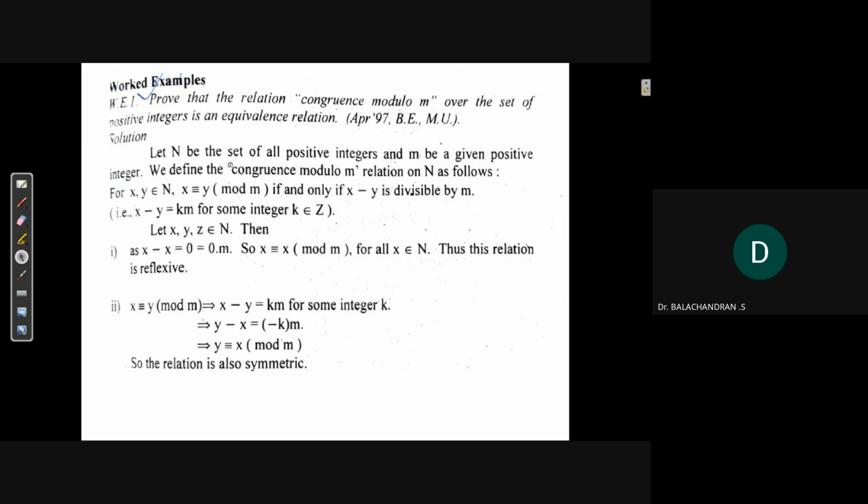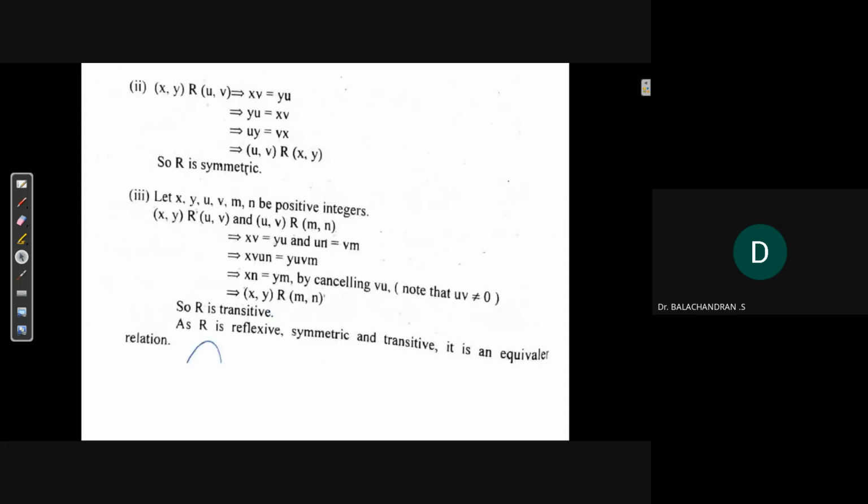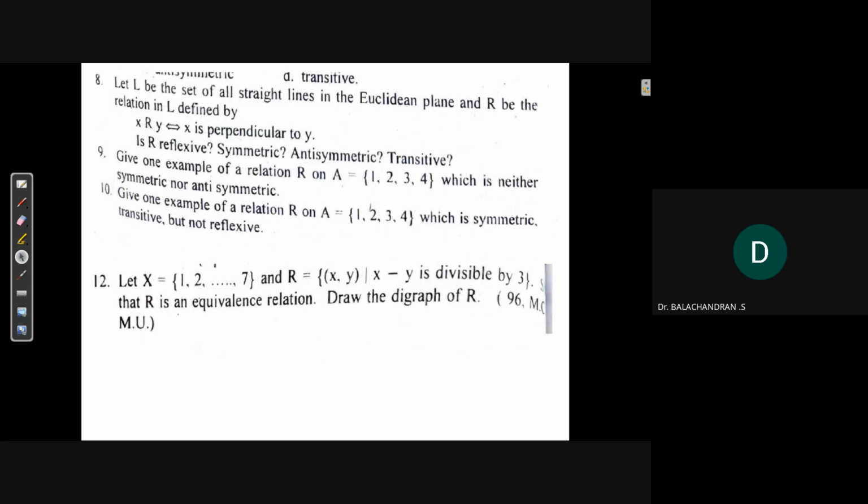Here, what is your set? Set of all positive integers. There your set is 1 to 7. And hence that problem is a particular case of this problem. I explained this problem twice, last class also, this class also. That's why I leave it, because this is a particular case of that problem.